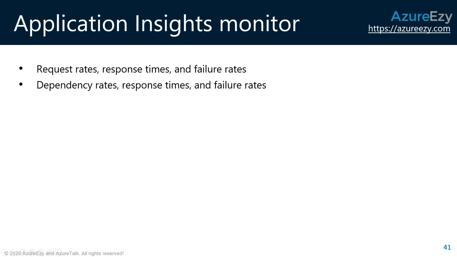If there is any external service slowing down your application because it depends on that service, it will help you monitor that as well. Then it helps you with exceptions, whether server side or browser side, monitoring those as well.